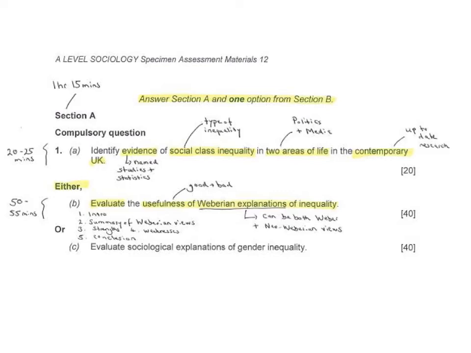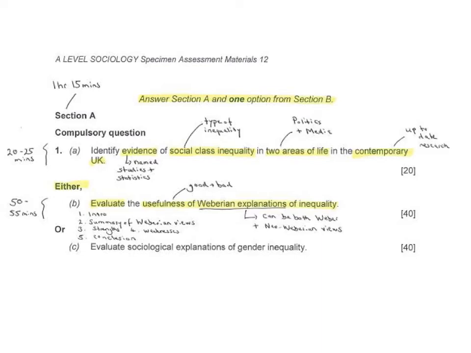The way in which I would divide up that time is I would spend about 20 to 25 minutes on 1A, that's the 20-mark question, and then around 50 to 55 minutes on the 40-mark question. So let's begin by looking at 1A.